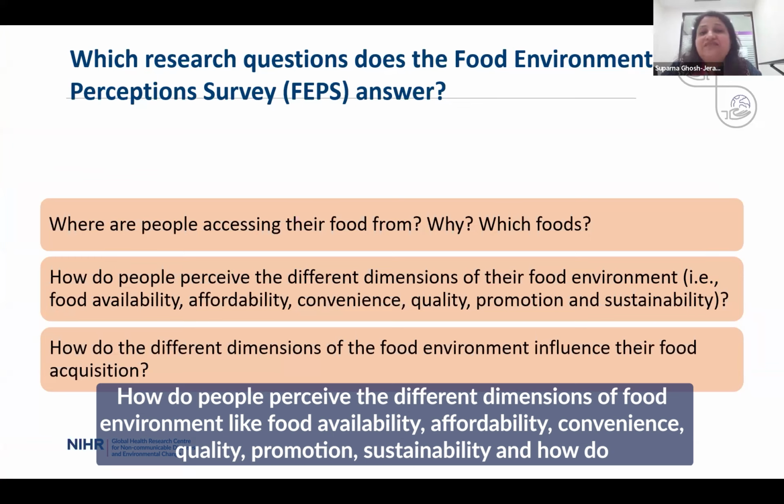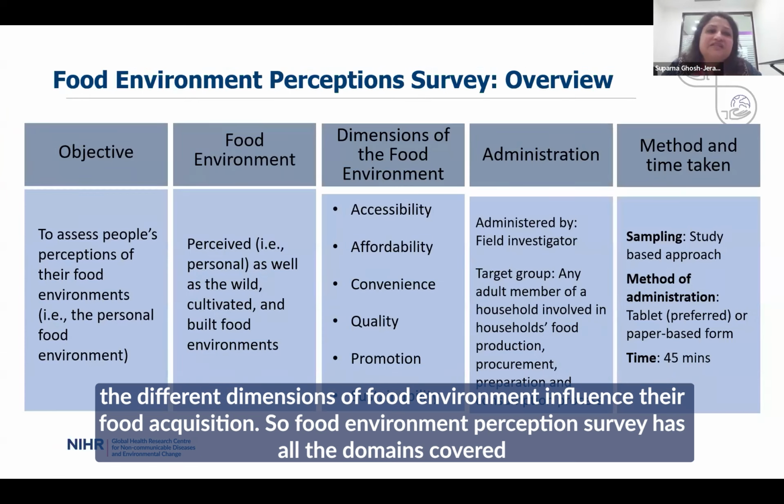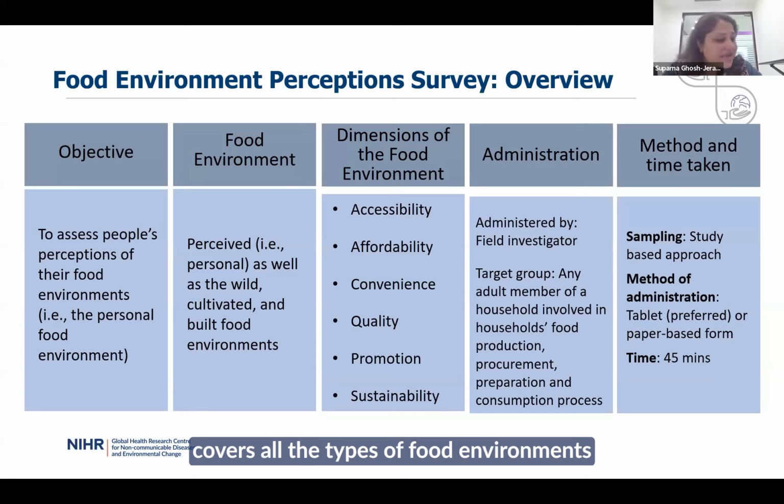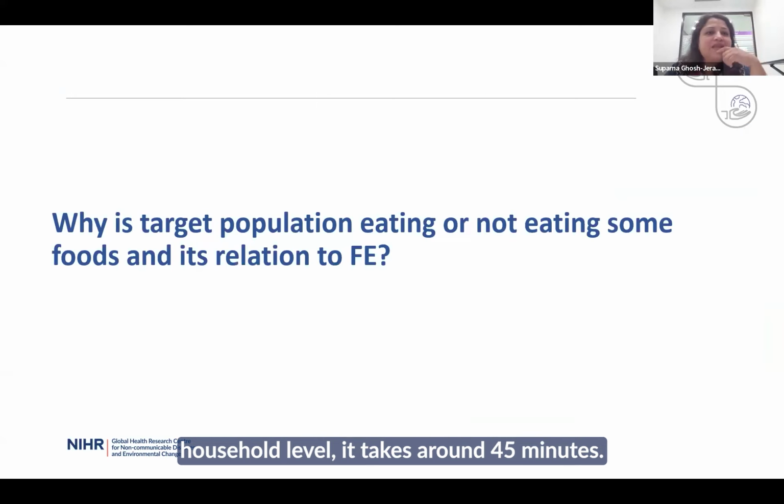How do people perceive the different dimensions of food environment like food availability, affordability, convenience, quality, promotion, sustainability, and how do the different dimensions of food environment influence their food acquisition. So the food environment perception survey has all the domains covered, covers all the types of food environments, and lastly, administration is done through a survey at the household level. It takes around 45 minutes.